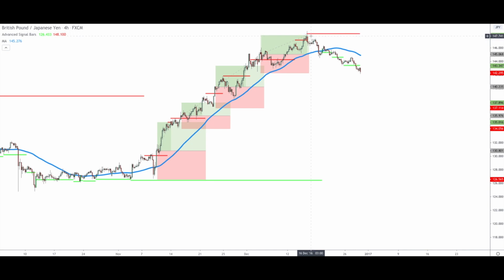If we didn't have this breakout here, then we would end up with a losing trade, because right now, if I draw a horizontal line here, as you can see, the price just touched our stop loss that we had before. So we were pretty lucky here.